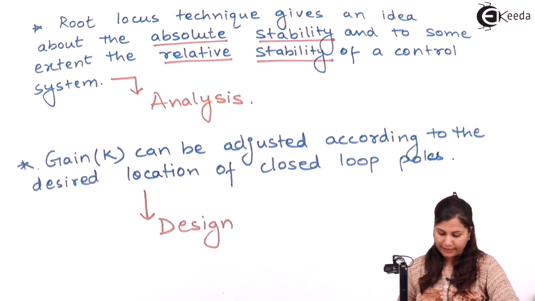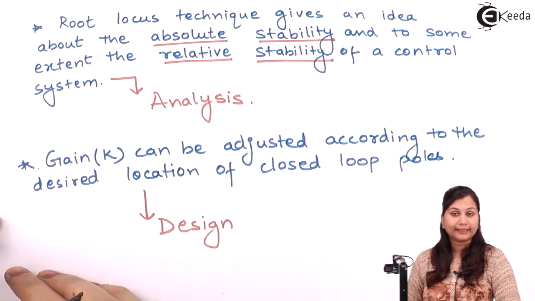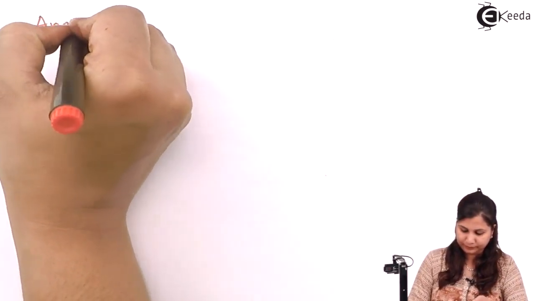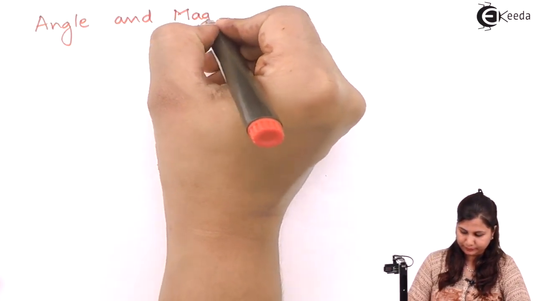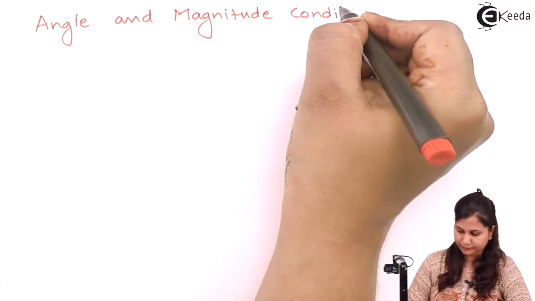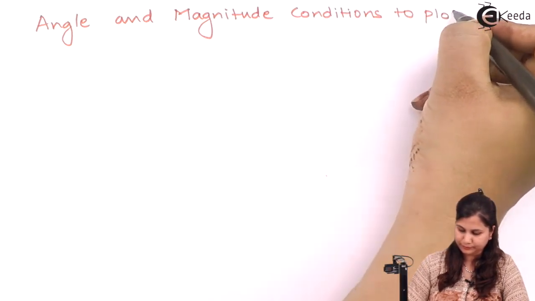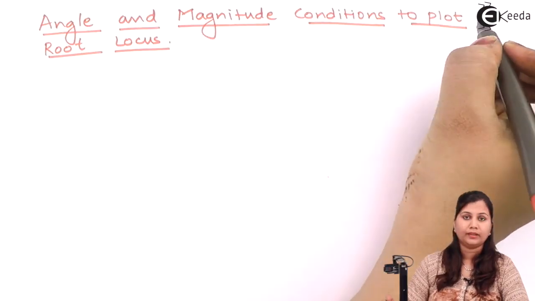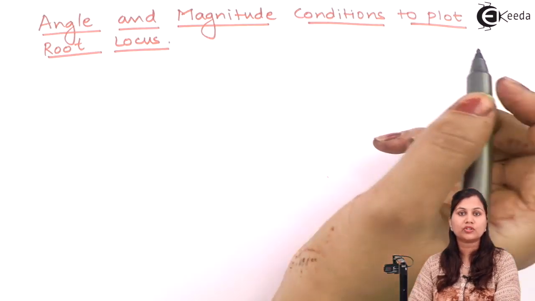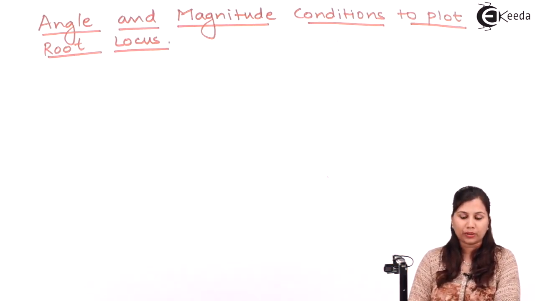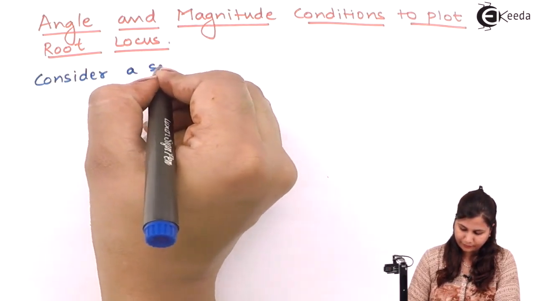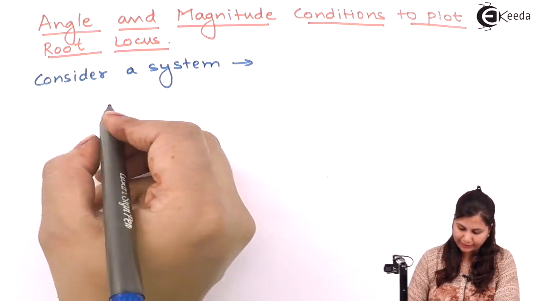Okay, now let us see the angle and the magnitude conditions of this root locus technique. Let us see what are these conditions which help us to plot the root locus. Now consider a system having the block diagram.